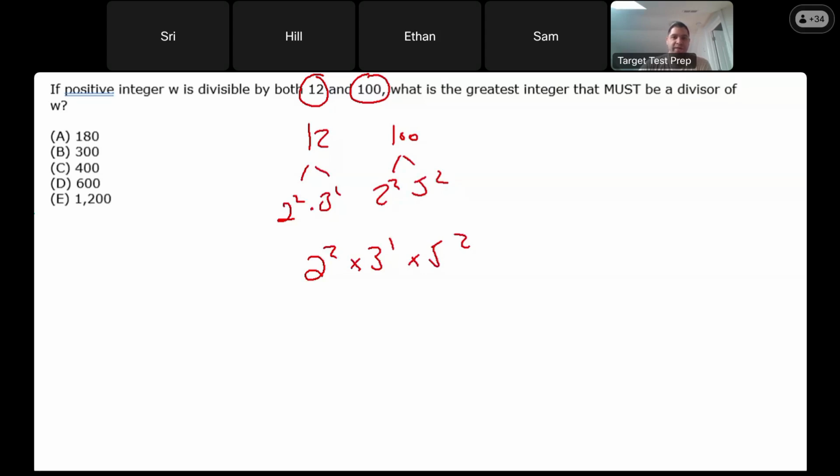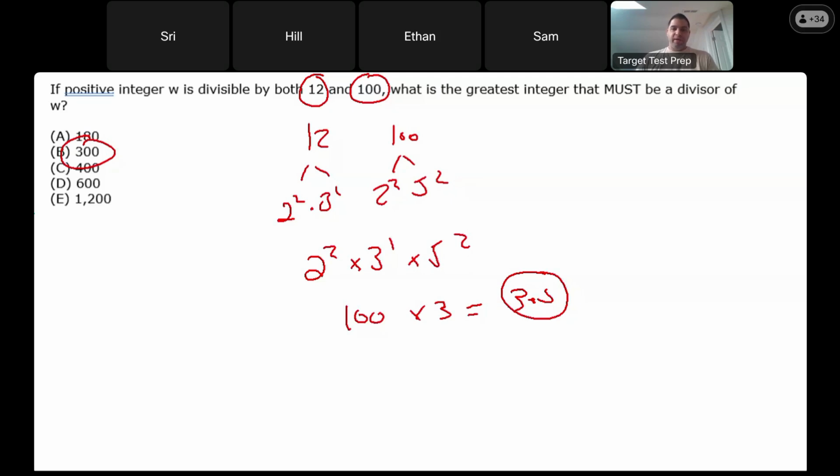So the easiest way to deal with that is 5 to the 2 times 2 to the 2 is 100. So then you just have this. You could also go through the answer choices, but I think sometimes that's a little bit more trouble than it's actually worth, to be honest.